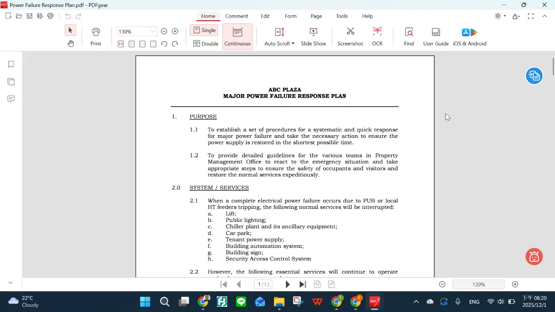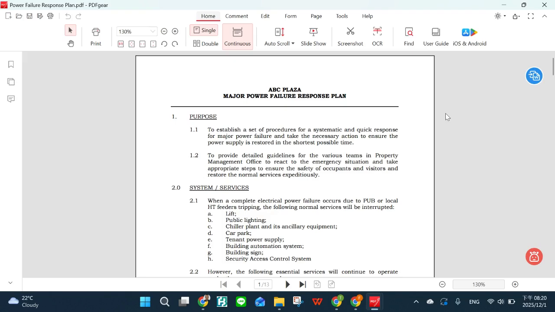In other countries, they have power failure for a few days. So to use the genset to power, for example, a condominium, including your tenants' house supply, for a few days, how much diesel is required? You need to know.